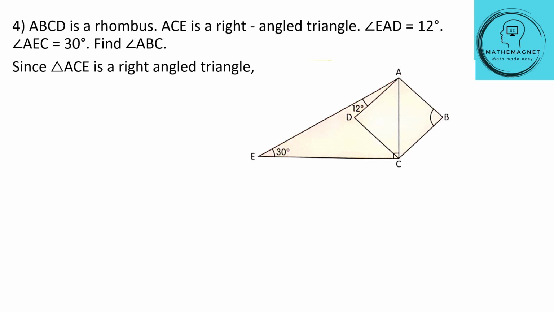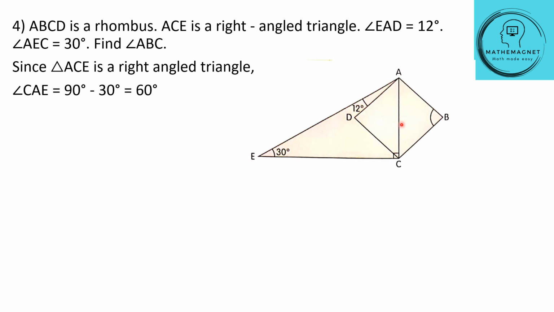Since ACE is a right angled triangle, we know this angle is 90 degrees and this angle is 30 degrees. So this angle will be 90 minus 30, which will be equal to 60 degrees. Now angle CAE we know is 60 degrees. Now we also know in this rhombus ABCD, this diagonal AC will bisect angle DAB into DAC and CAB.